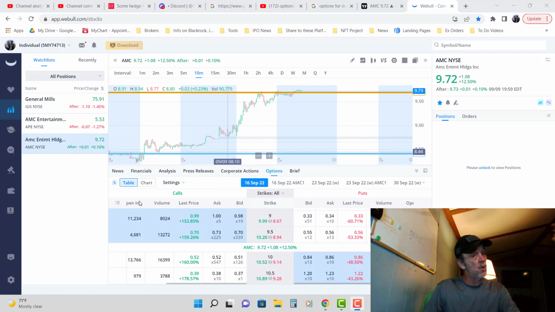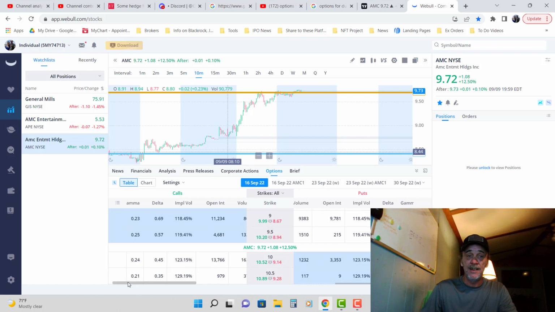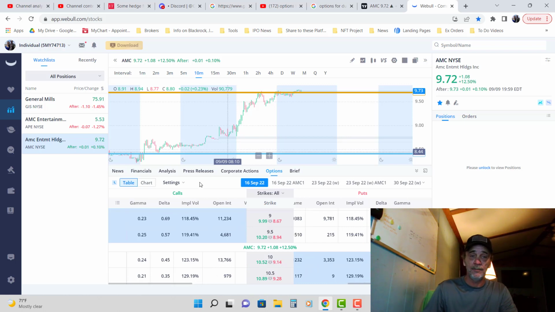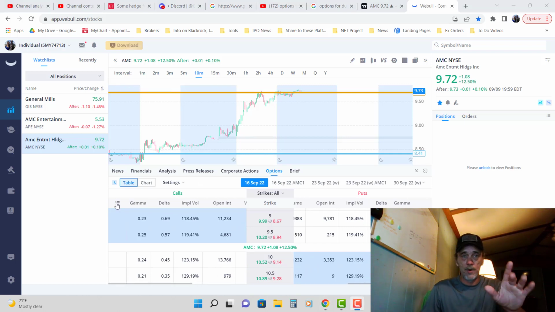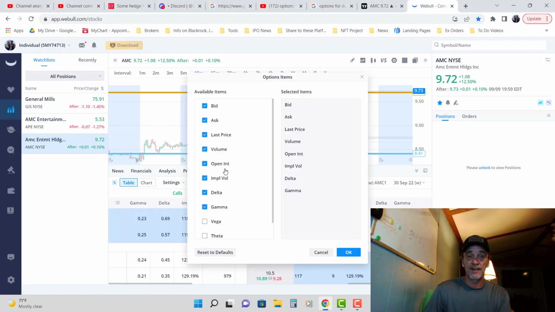There's a whole lot more involved in options plays, such as implied volatility, delta, gamma. And if you click right here on Webull, I'm using Webull because TradingView does not have the options chain, but Webull does. If you click right here in the options section, you get a list of things that you can add to your option information down here on the bottom.